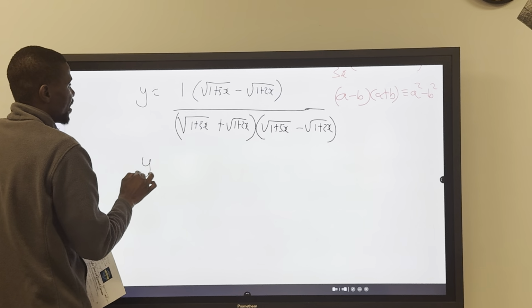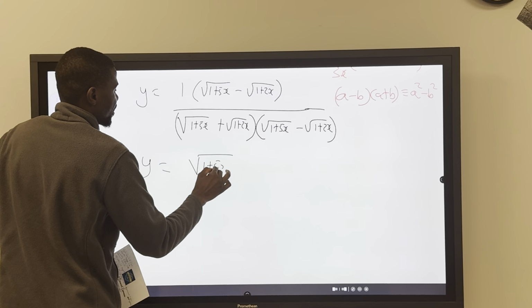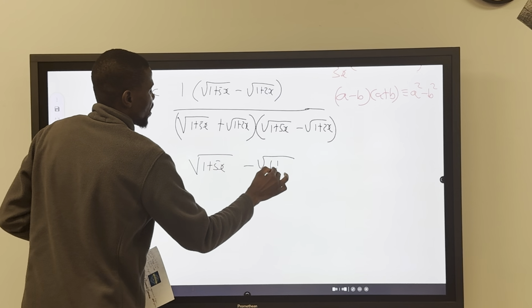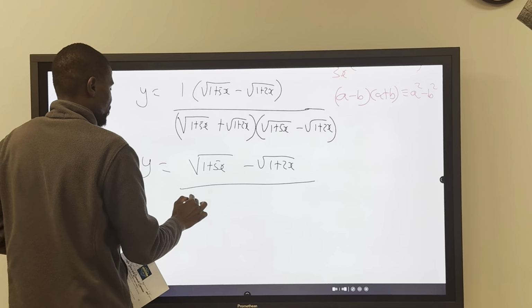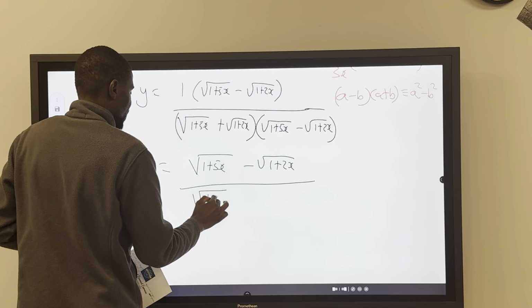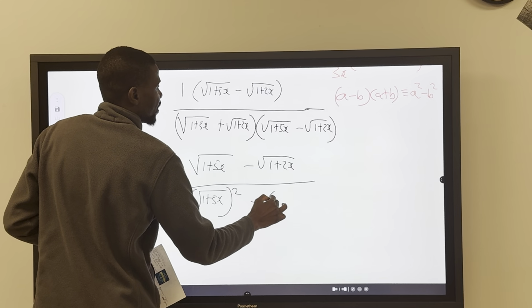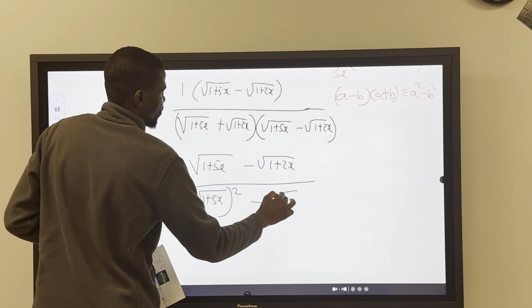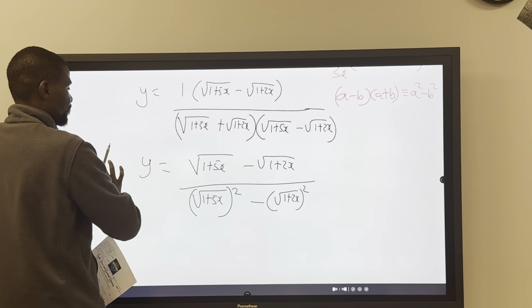So here it is y equal to square root of 1 plus 5x minus square root of 1 plus 2x over square root of 1 plus 5x squared minus square root of 1 plus 2x squared, right?